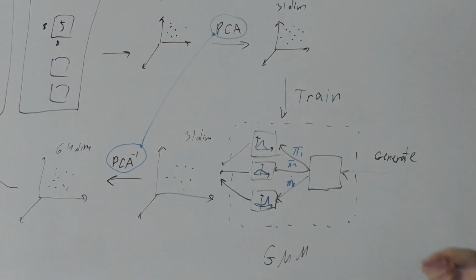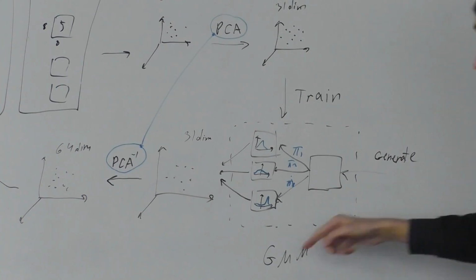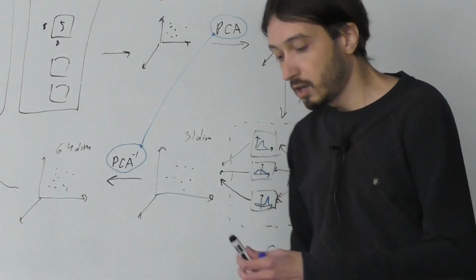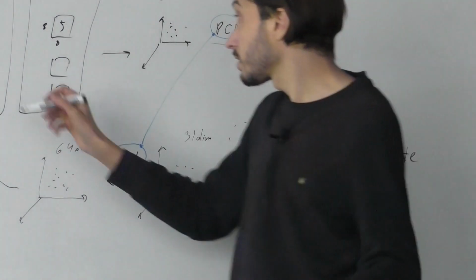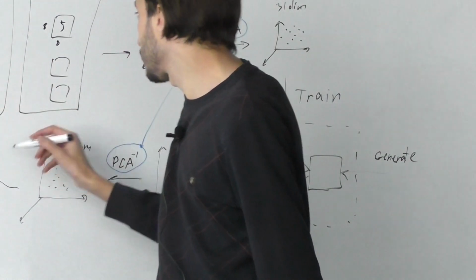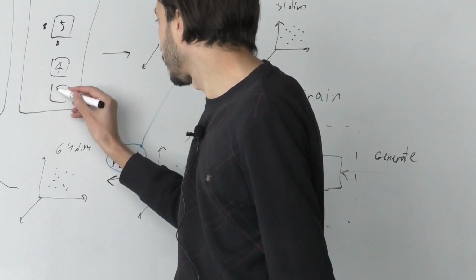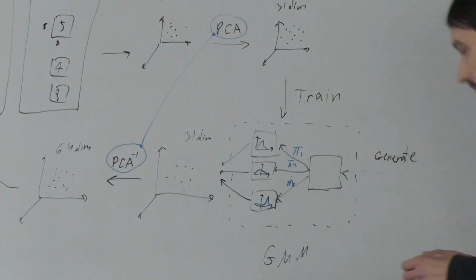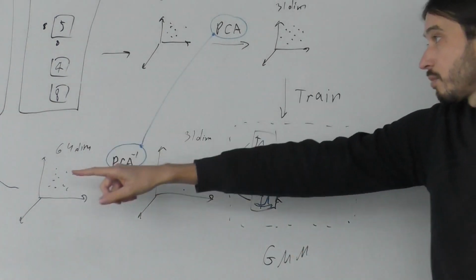And of course, we might think maybe if we are lucky enough, if everything works fine, we can expect that the result that we generate will contain something that looks like numbers. Some number 2, number 3, and so on. So that's the interesting part.